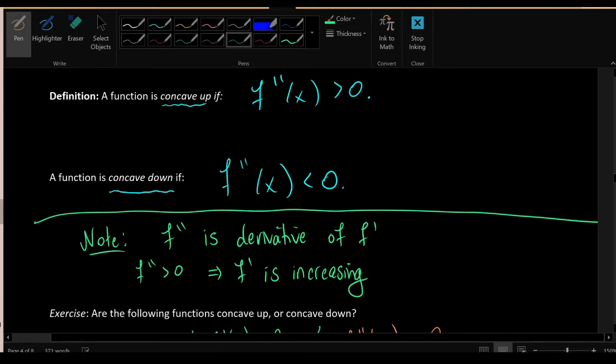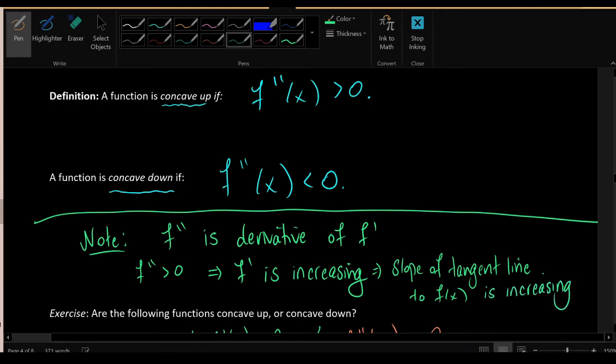Now remember that f single prime was the slope of the tangent line to f with no primes. So that means that the slope of the tangent line to the original function, f of x, is increasing. That is the behavior of a function which is concave up.